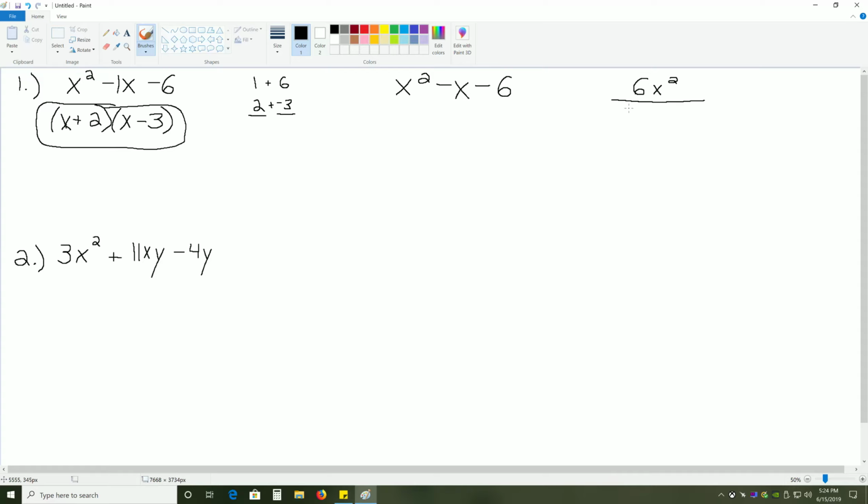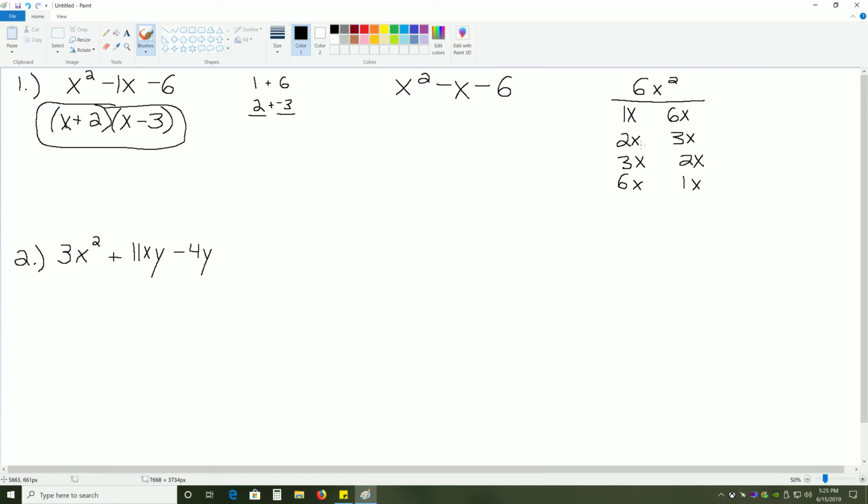So for instance, we could have 1x, or just x, and 6x. Likewise, we could have 2x and 3x, 3x and 2x. I know this seems like the same multiple, but order will end up mattering in this process. And then finally, 6x and 1x.